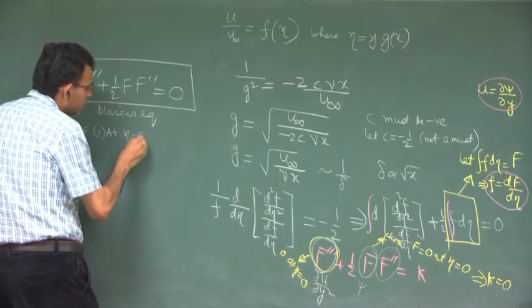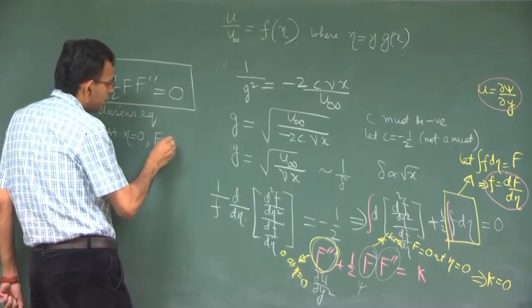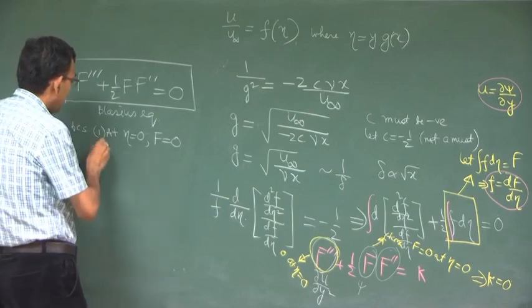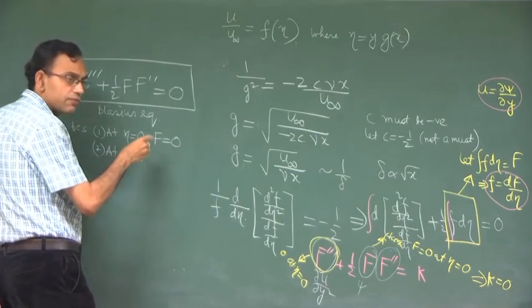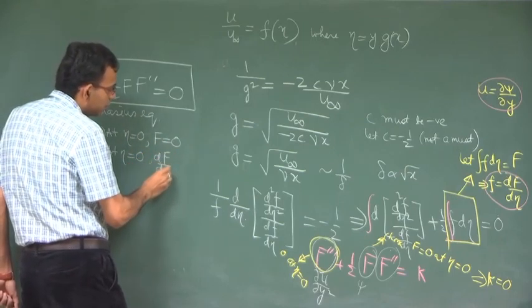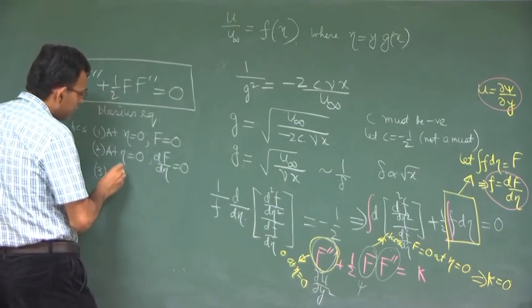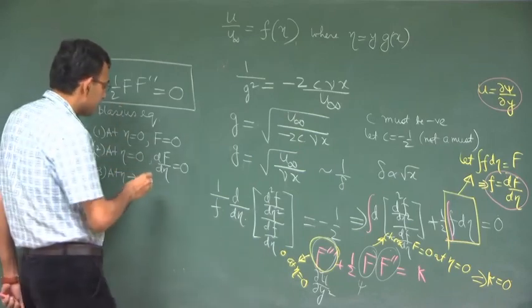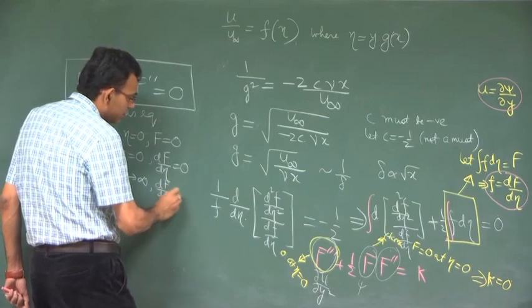At eta is equal to 0, you will have the stream function equal to 0. At eta is equal to 0, small f, that is the velocity, is equal to 0, that means df d eta is equal to 0, and at eta tends to infinity, u by u infinity is 1, that means small f is equal to 1 or df d eta is equal to 1.